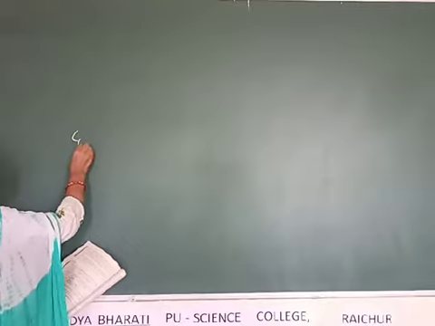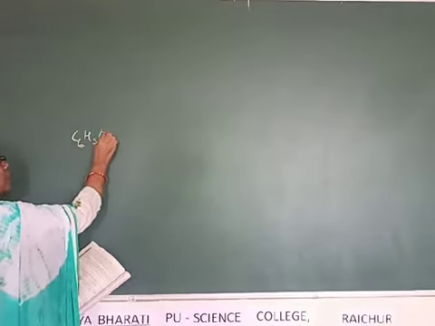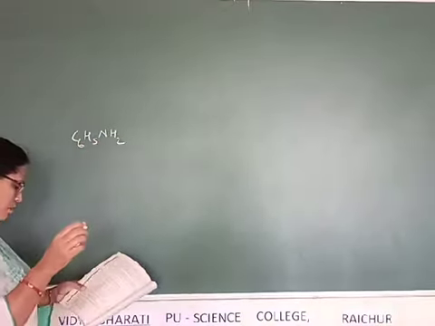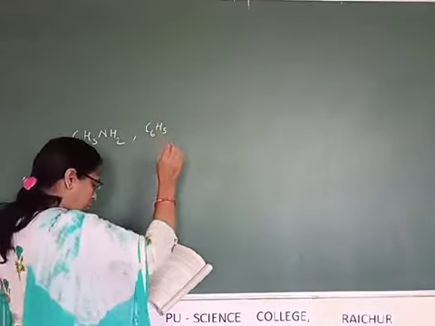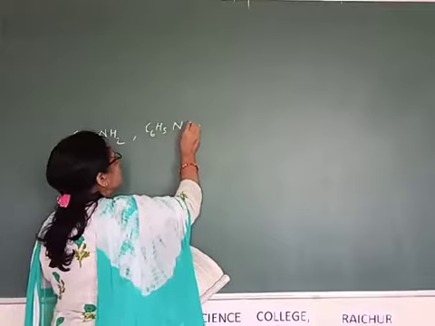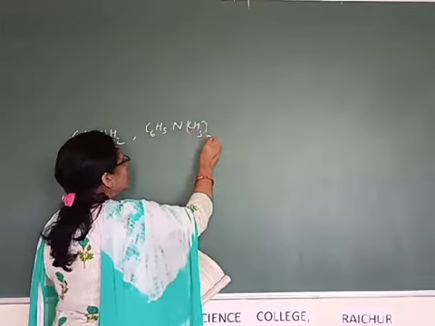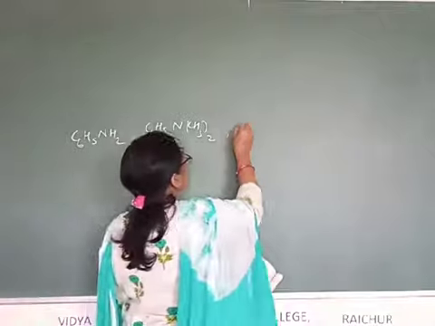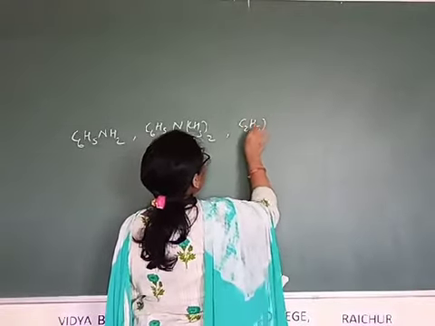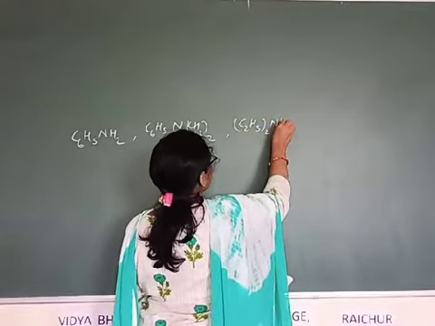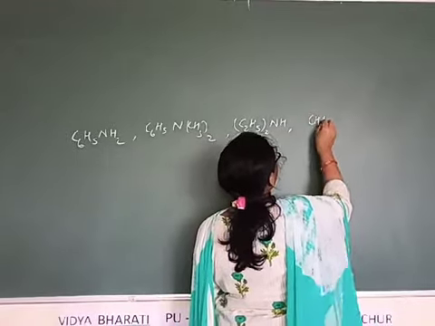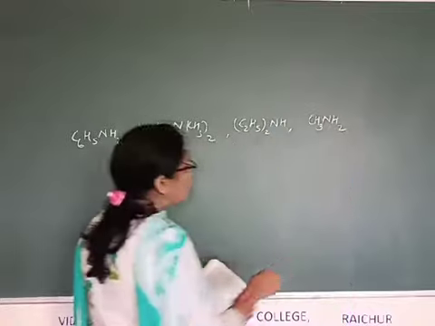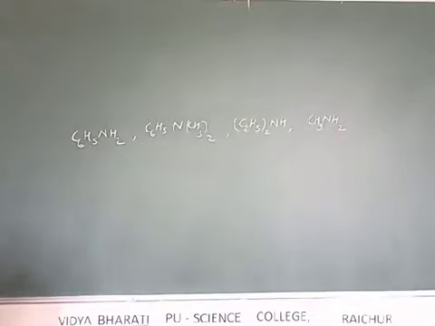The first one given is C6H5NH2, then C6H5N(CH3)2, then (C2H5)2NH, and then CH3NH2. These four compounds are given. You have to arrange them in increasing order of basic strength.